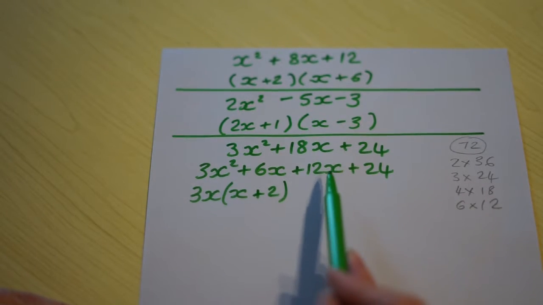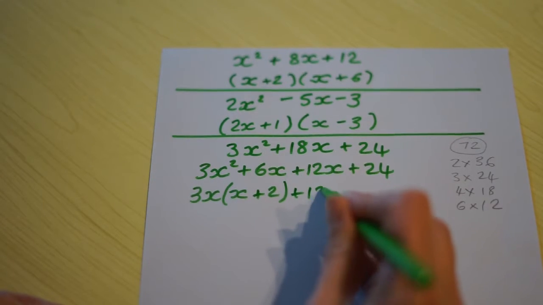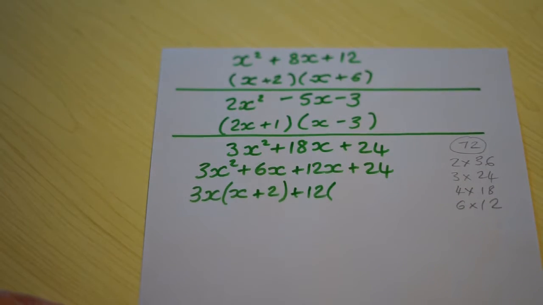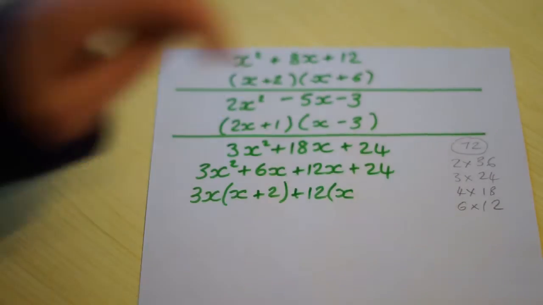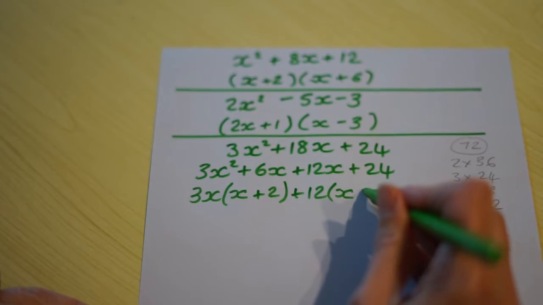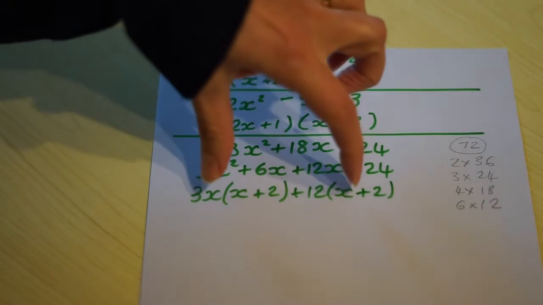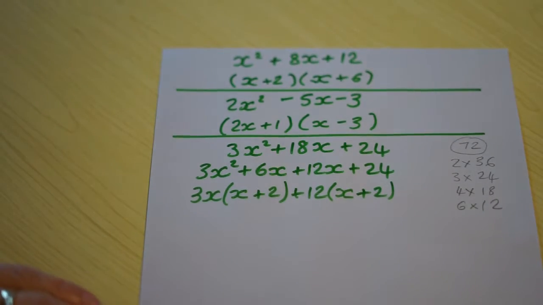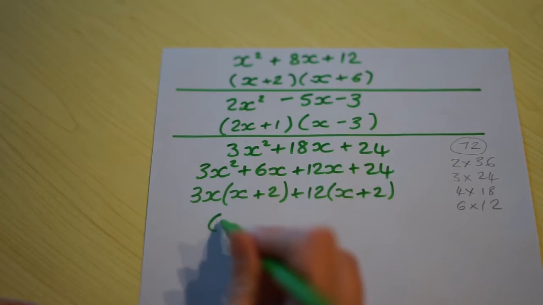Okay, good. Now we need to factorise these two. 12 comes out as a common factor. 12 times x creates that term, and 12 multiplied by 2 creates that term. So now we have two terms, and we're going to take out the common factor, which as you can see is what's in the bracket.